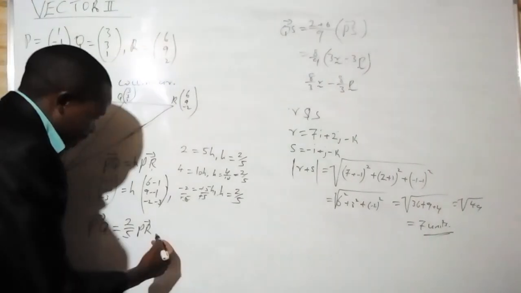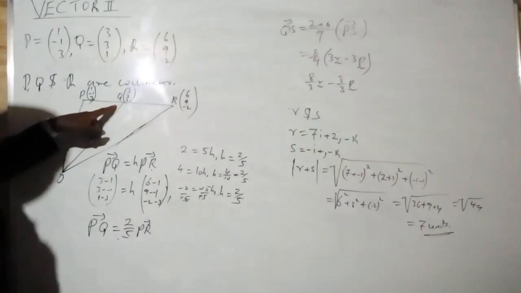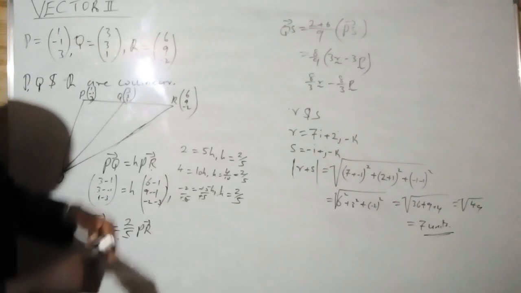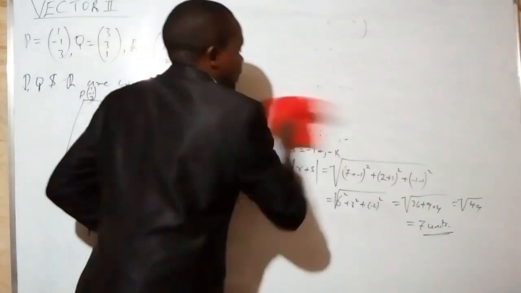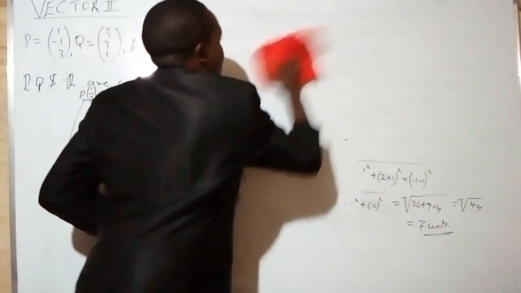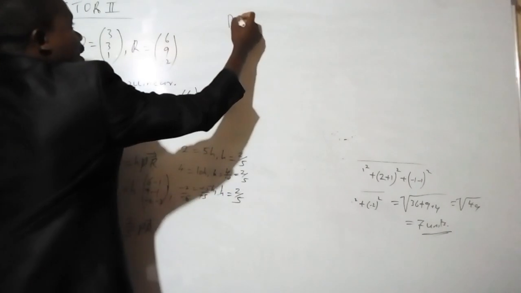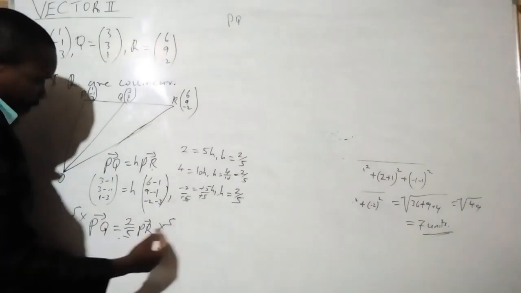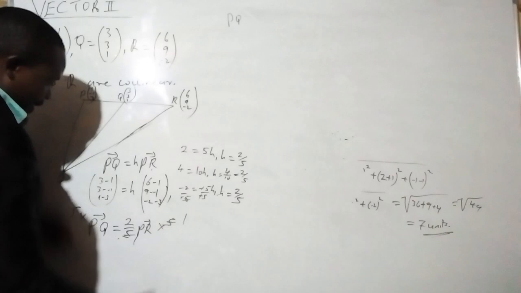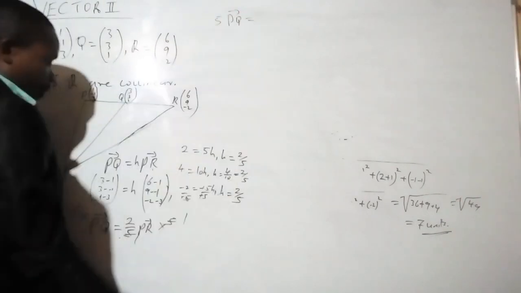Then after that, you can come here and write PQ, then QR. In terms of ratio, you multiply by 5, and we have 5 PQ is equal to 2 PR.